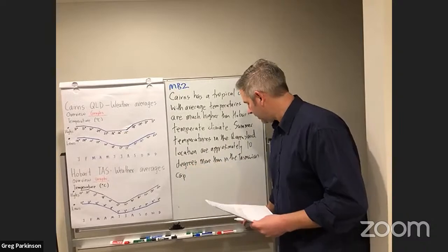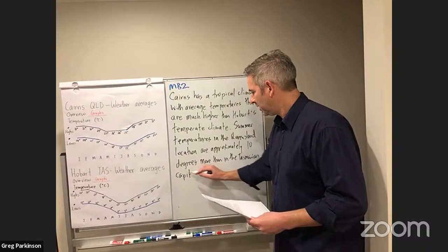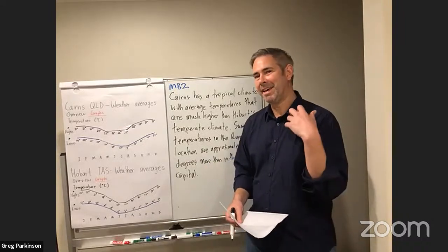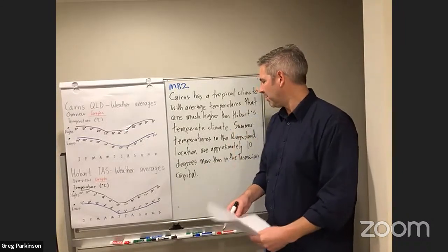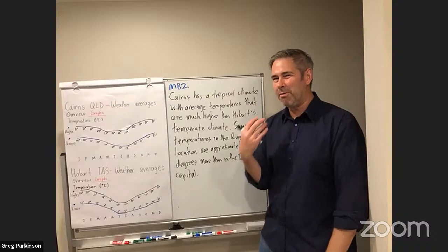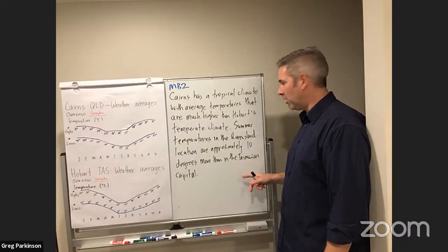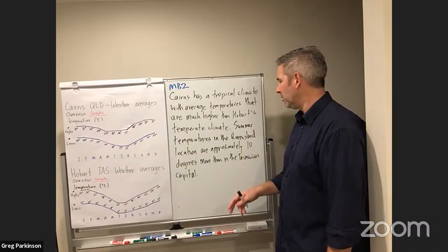So I know that because I have a dear friend from Tasmania, and I know that Hobart is the capital of Tasmania. So again, just to avoid using the name Hobart, I've referred to Hobart as the Tasmanian capital, right?